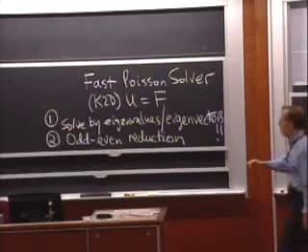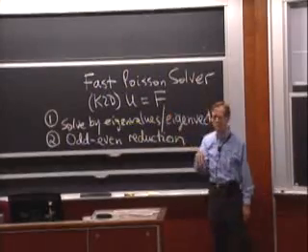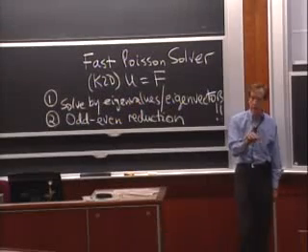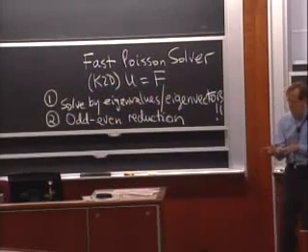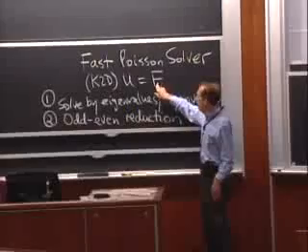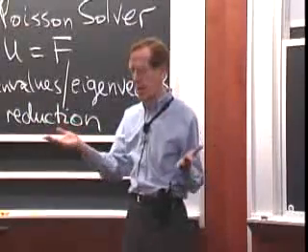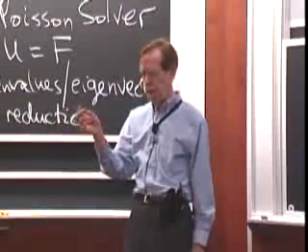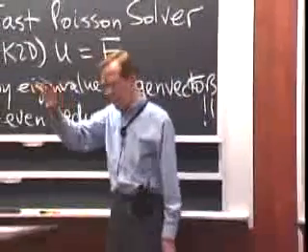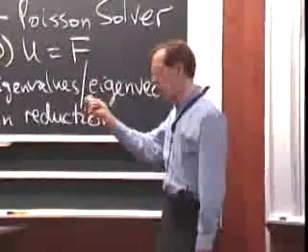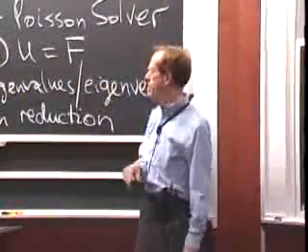Okay. So remember that right-hand side comes from maybe a right-hand side f of xy in the differential equation, but it also comes from non-zero boundary conditions, because when the 5 points hit a boundary, that known value is moved over to the right-hand side and becomes part of f.